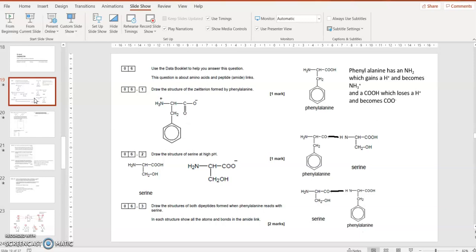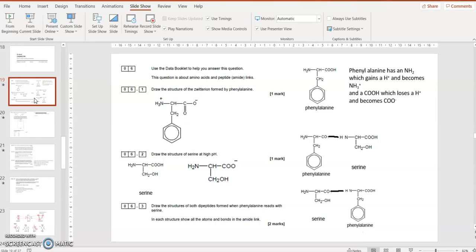Draw dipeptides, phenylalanine and serine. Well, a COOH and an NH2 react together and make a peptide link. It releases water in a condensation reaction, so you end up with CONH.